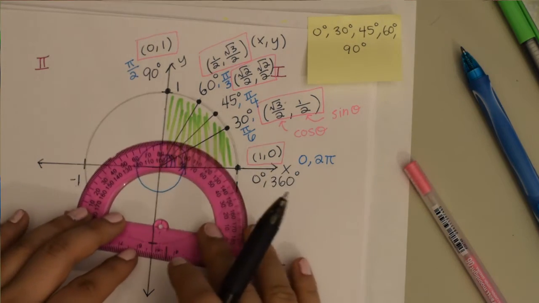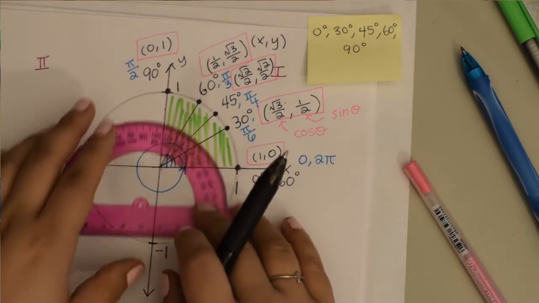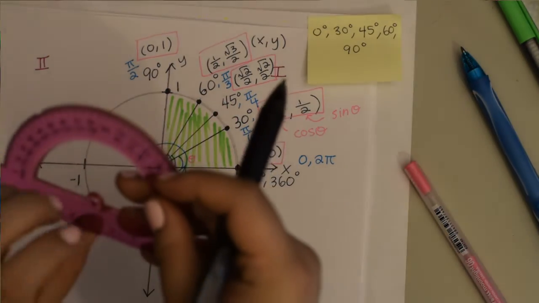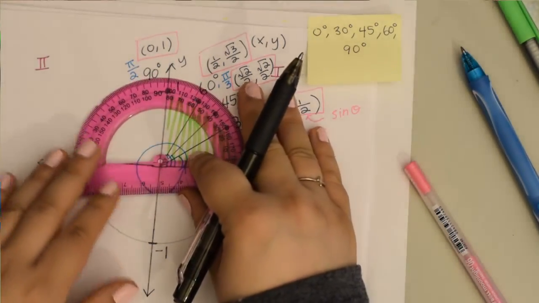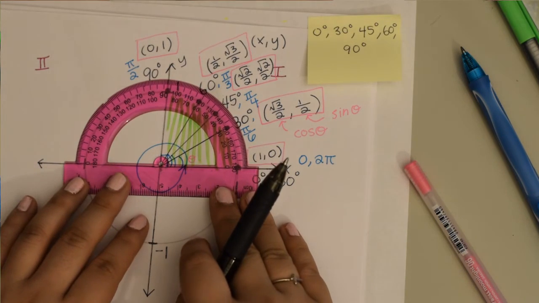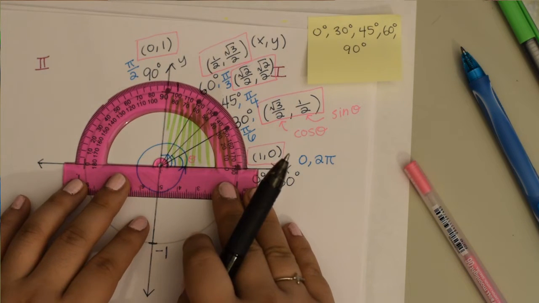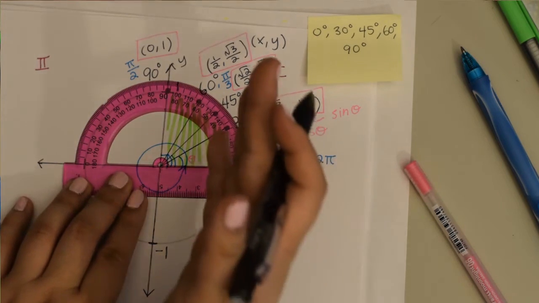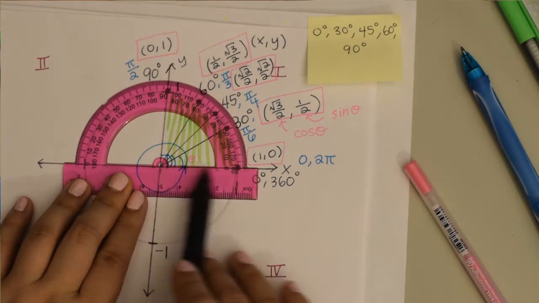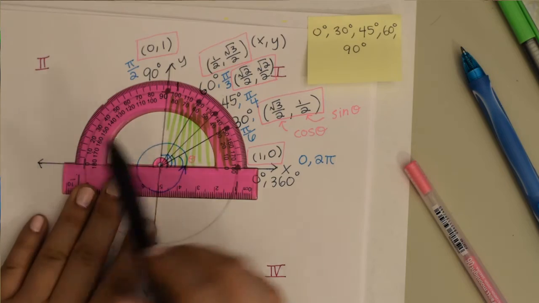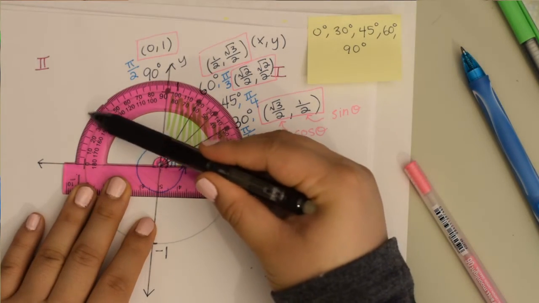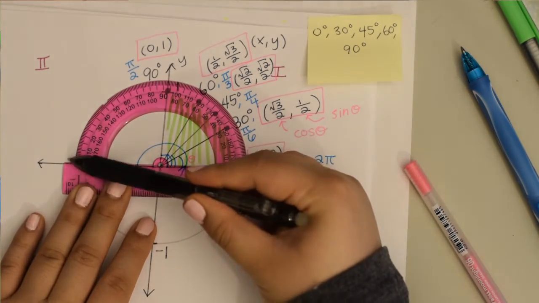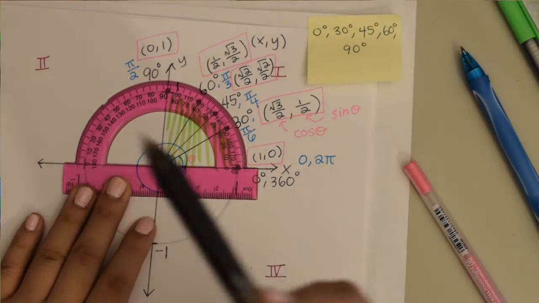Or another way to do it is to just start with your protractor again. Take your protractor and place it back on the 0, and you're just literally flipping it. So instead of this being 0 this time, this is 0. So I'm going to go 30, 45, and 60 degrees going this way rather than this way.